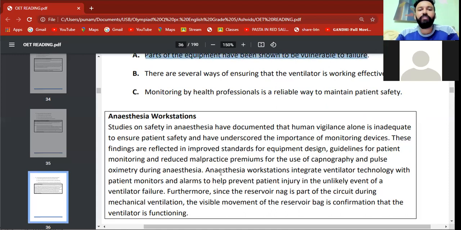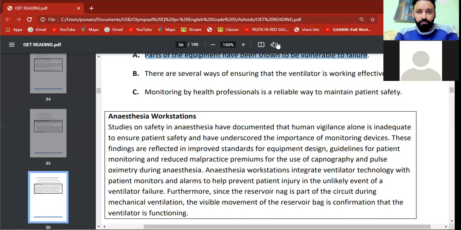Let's match it and see if it is somewhere around the answer or not. In the unlikely event of a ventilator failure. See, event, but it is not saying that it is shown to be vulnerable. This ventilator failure, they're just trying to confuse you.